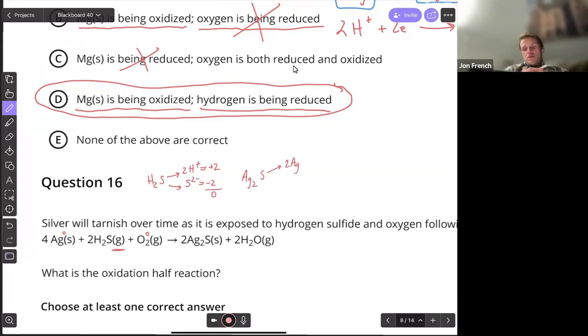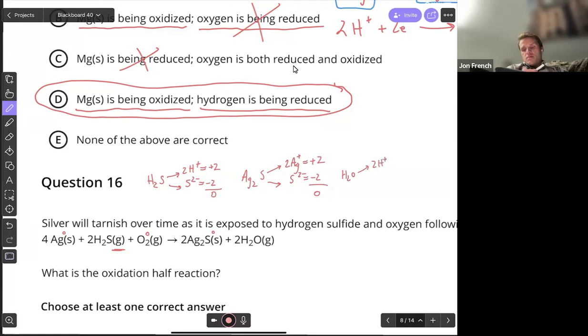Let's just say we don't know silver because it is a transition metal. Sulfide is always -2. The whole thing has to be 0, so I have to have 2 plus from the silver. Each silver is +1. And then for the water, we've split up water a few times today.